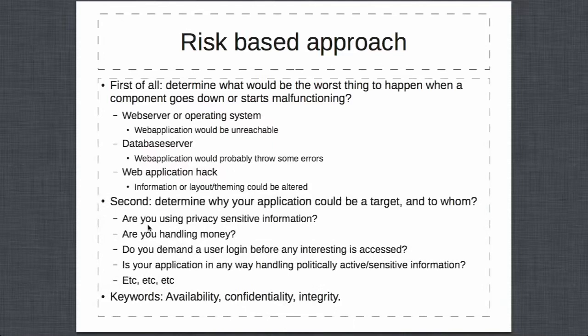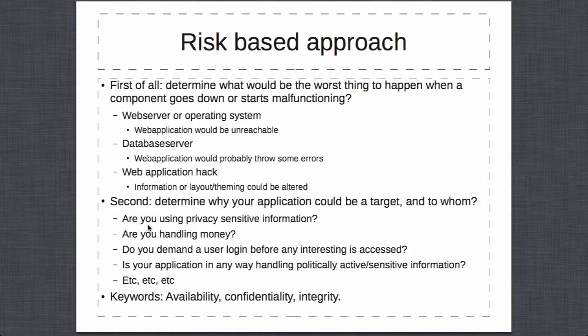And the application itself, the web application, if that gets compromised, then it opens up a whole new area of other problems like altering information, putting pornography or extremist views on a website. And if you're like a government which has something to do with, say, immigrants, you basically don't want to have a swastika on your front website. So that is actually something you want to be protecting against.